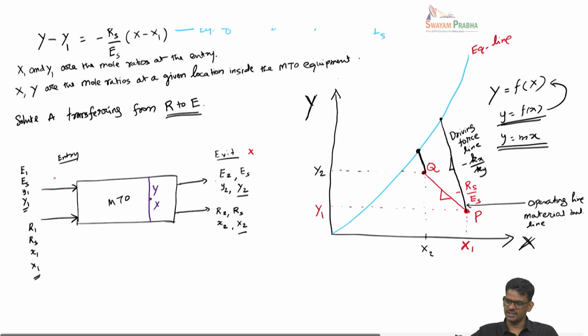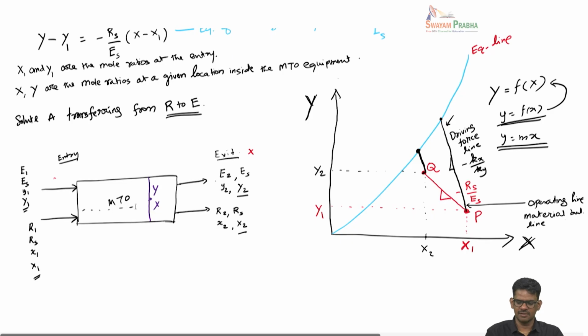So you can see, you start from here at the entry point. The driving force between the bulk concentration and the equilibrium concentration is quite large. Then when you move inside the mass transfer operation, you are traveling in terms of composition along this red line. At each point on the red line, there is a corresponding equilibrium composition on this blue line, and the difference between these two points is the driving force at that location.